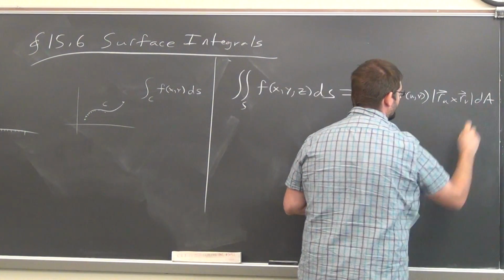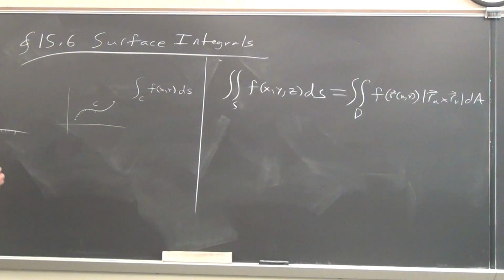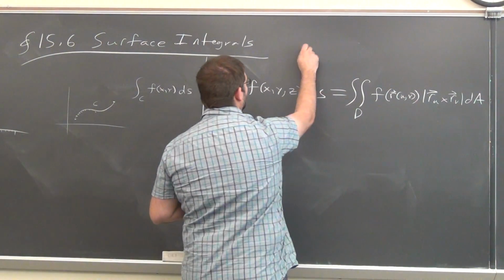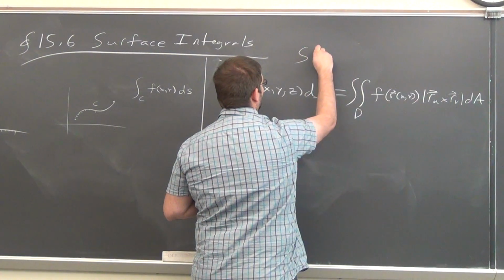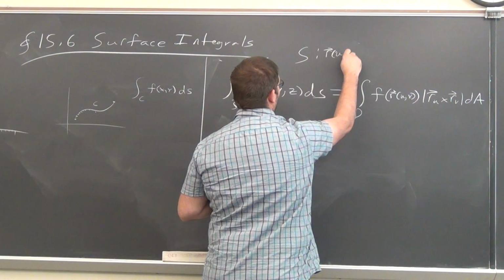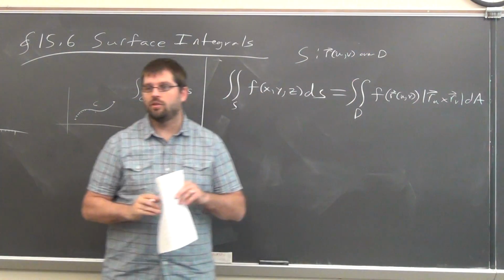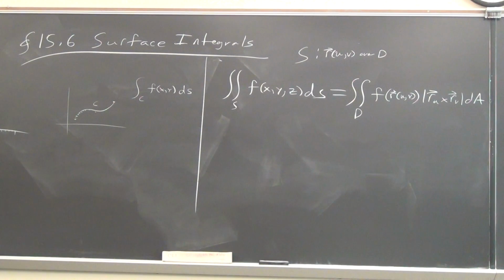dA. And so this is our formula that we'll apply, and we'll say, so here, S is given by r of u, v over D, right? So the D's are the bounds for the u and the v. The S is just the surface that you're sort of going over.